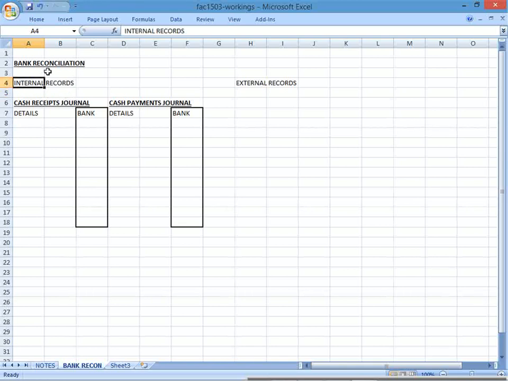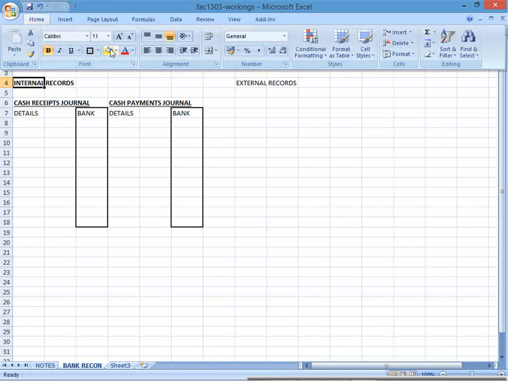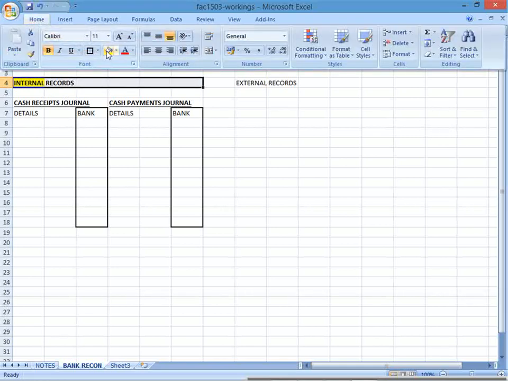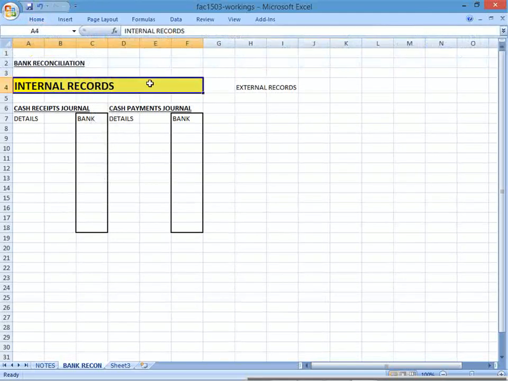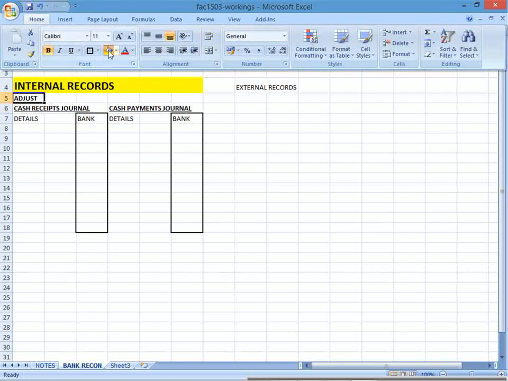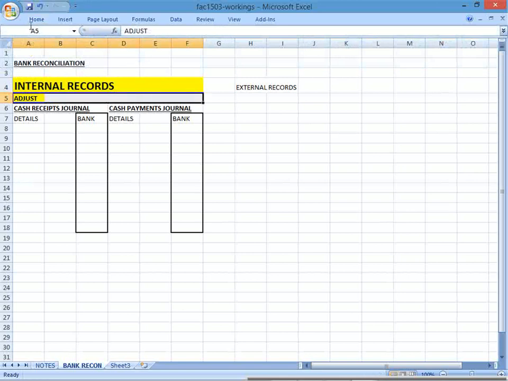In terms of having internal records. Internal records, can I adjust? Yes, you can. So if I'm looking at internal records, the key here is adjust. Adjust meaning I can change what's in my books. I can't change what's in the bank's books.